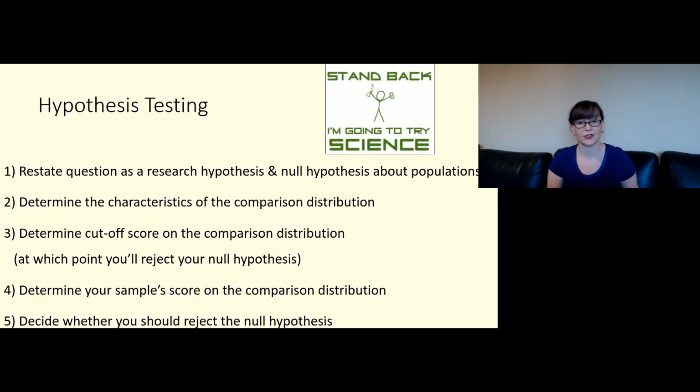And again, these 5 steps are going to apply to every test that we cover from now until the end of the semester. The steps will always be the same, although sometimes a few of these steps will change in how we complete them. Particularly when we talk about our hypothesis testing procedures, our first and our 5th step are always going to remain the same. They're always going to be done the exact same way. Steps 2, 3, and 4 are going to continue to happen, but are going to look a little bit different in almost every test that we do.